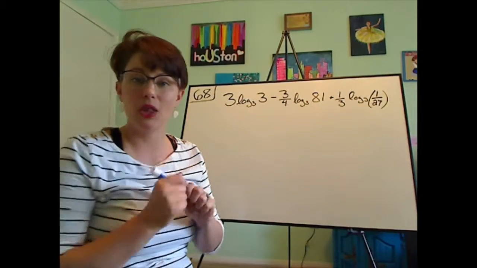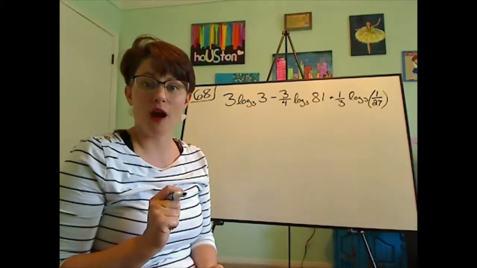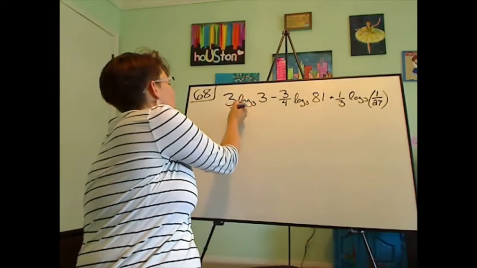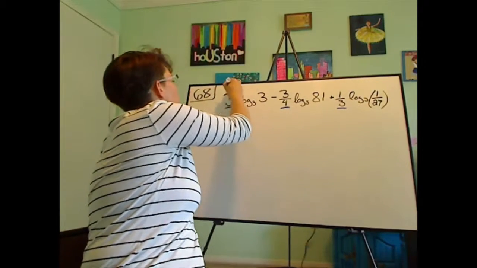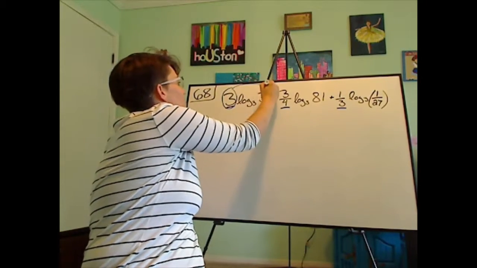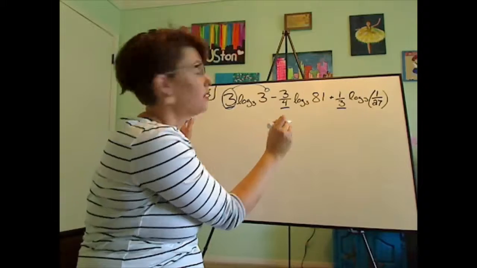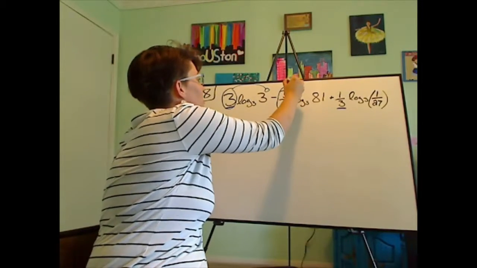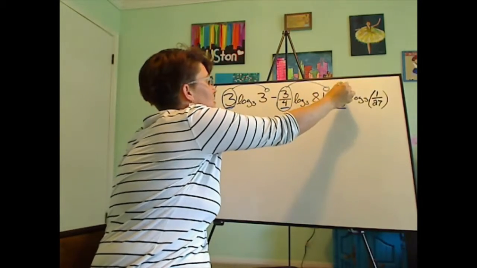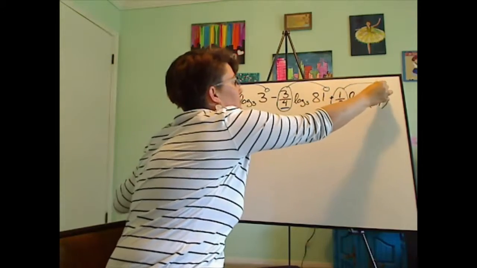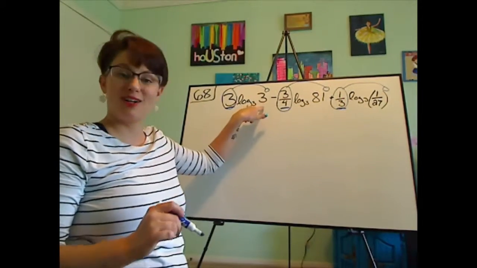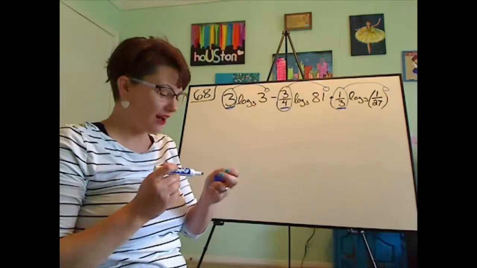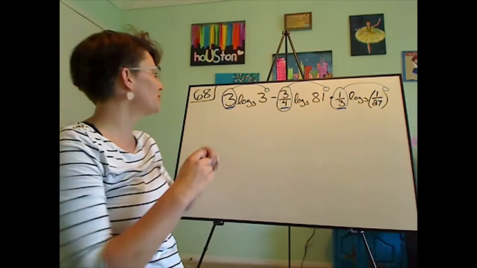Let's take a look. We're going to start with our power property, taking all these little coefficients and moving them into the exponent or the power of the argument of these logs. By the way, we learned a couple weeks ago that these things here are called the arguments of the logs. That's pretty neat, nifty word there.